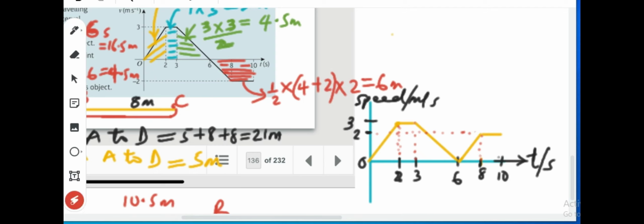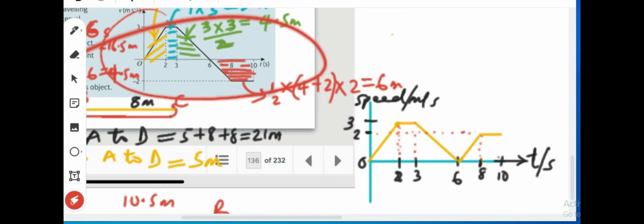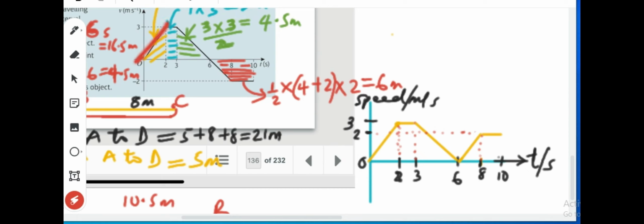Alright, so this is a speed against time graph, while this is the velocity against time graph. Constant acceleration in the forward direction, constant speed in the forward direction, constant deceleration in the forward direction, constant acceleration in the backward direction, that's 6 to 8, constant speed in the backward direction.